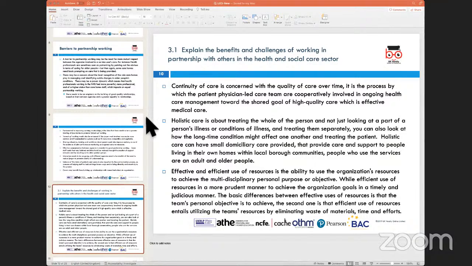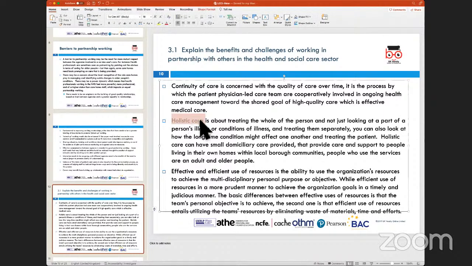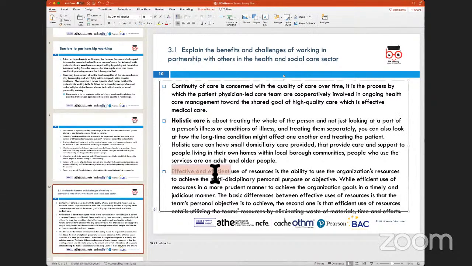Now, if we get into some of the assessment criteria in terms of benefits and challenges of working in partnership. What are the benefits and challenges? One of the benefits tends to be that care, when it is provided, tends to be holistic.